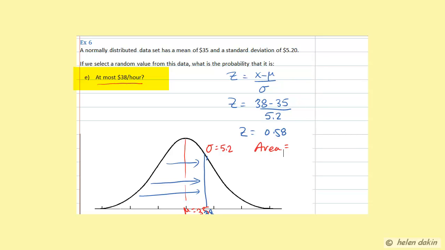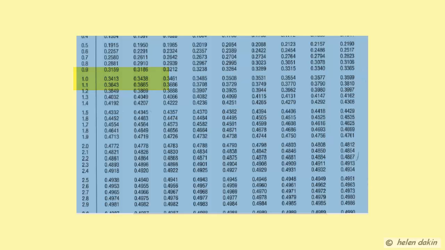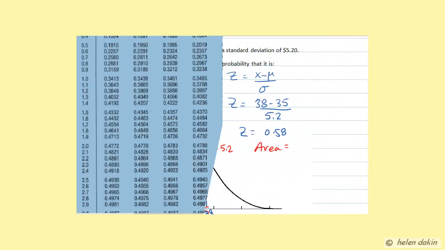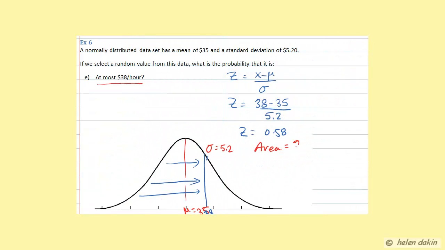So let's do that. With our normal distribution, there is 0.5, and reading across to 0.58, I'm going to stop at 0.58. Here it is right here, 21.9%. So I've got an area of 21.9%, and that's the area between 38 and 35.